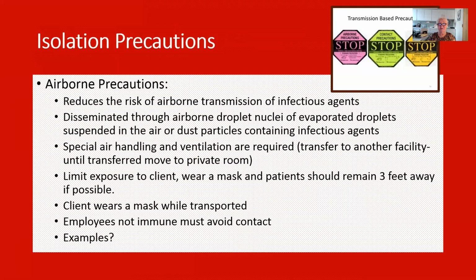Tuberculosis: when they talk about a negative pressure room, this is why, so that a person can be in isolation and we can go in and take care of them without fear of getting TB ourselves. However, we have to wear the right equipment. And then varicella, or chickenpox, is another type of airborne precaution.